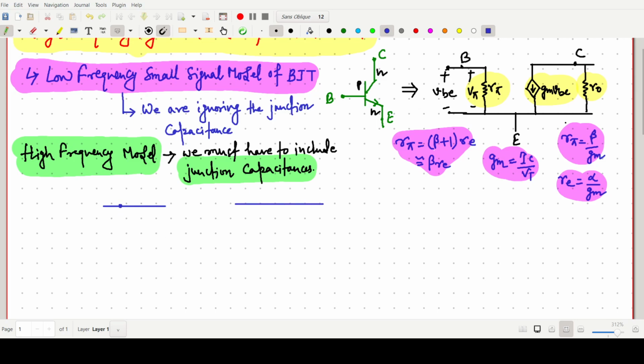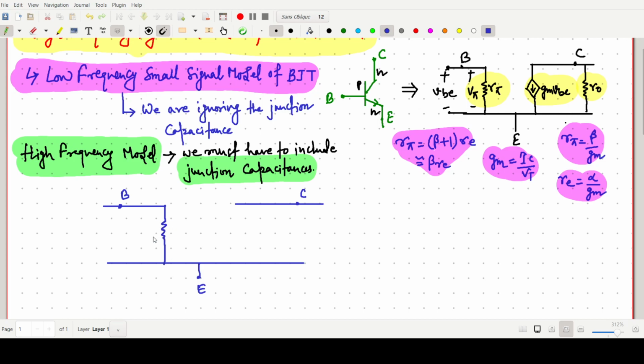Say this one is the base in, this one is the collector in, and this one is our emitter in.